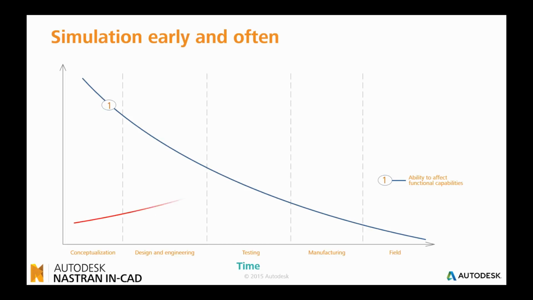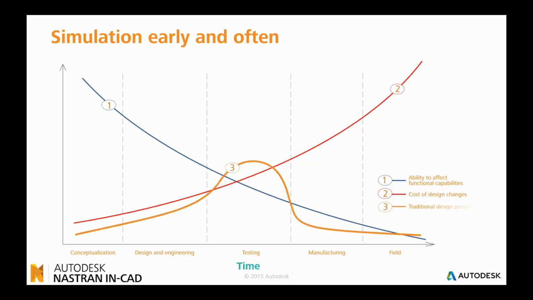As a result of that, the costs incurred in making changes are inverse. So it's very cost effective to make changes earlier in the conceptualization stage rather than when a product has actually been released to market. And if we look at the design process, the majority of the costs are actually incurred during that testing phase, and this also leads to lost time.